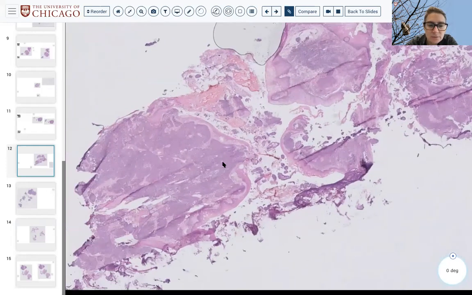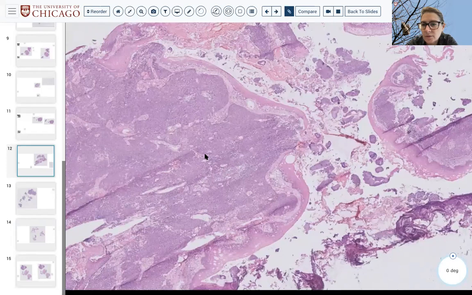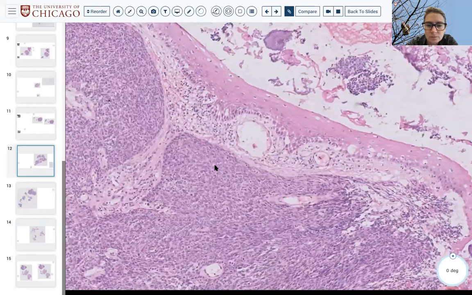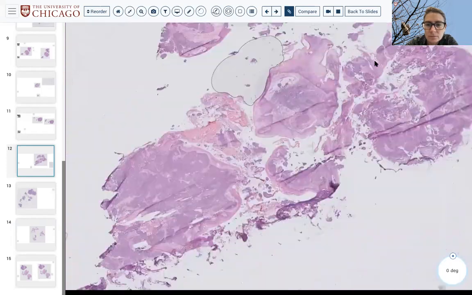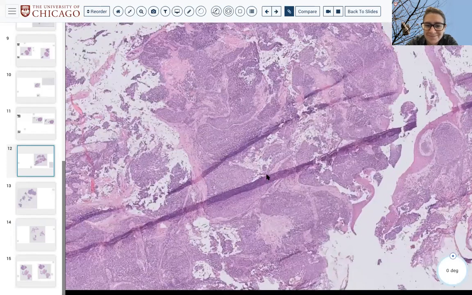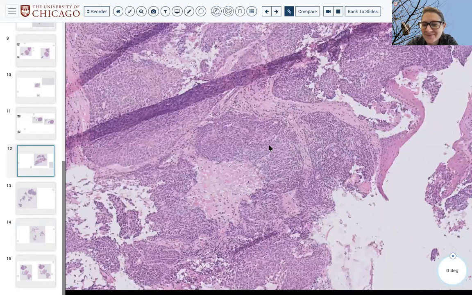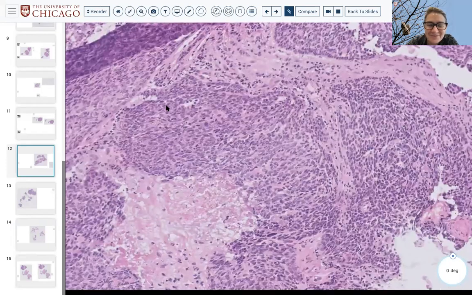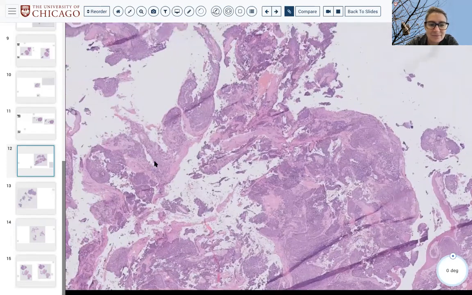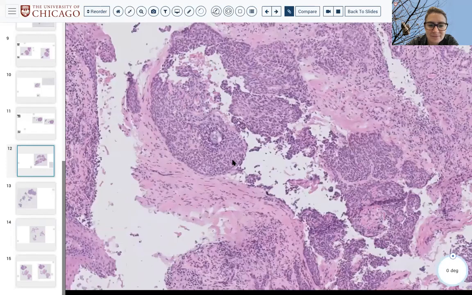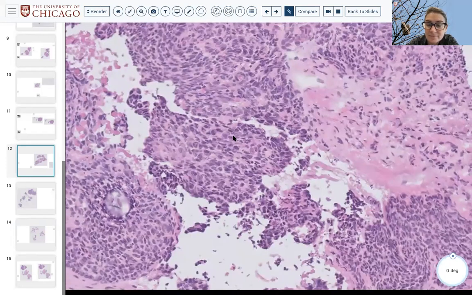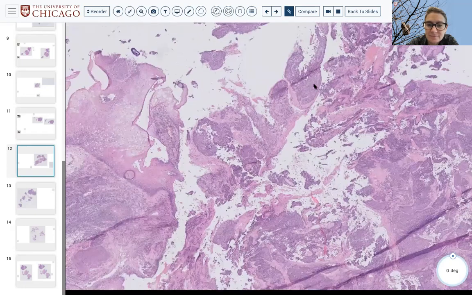Base of tongue. I think this was base of tongue. So something or nothing? Something. Something. Cancer or not cancer? It's a tumor and it has basaloid appearance.